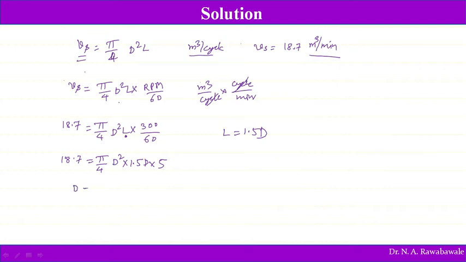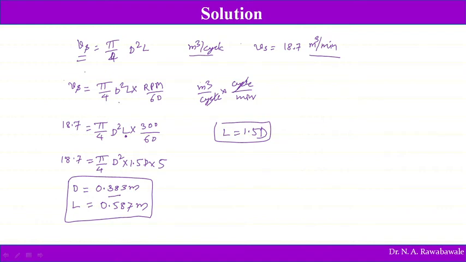So when we simplify this, we get diameter D equal to 0.383 meter, and L equal to, if we substitute D in this equation, L is equal to 1.5 D, we get L as 0.587 meter. So this is about the dimensions of the compressor.